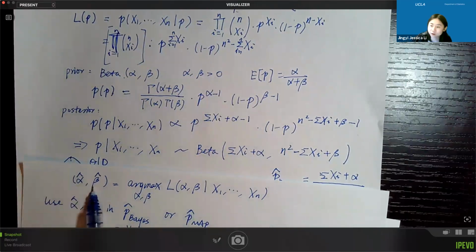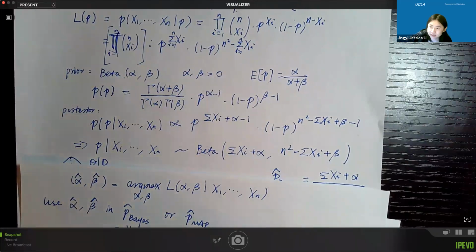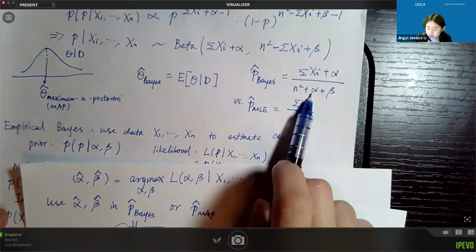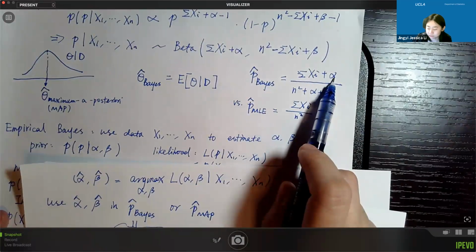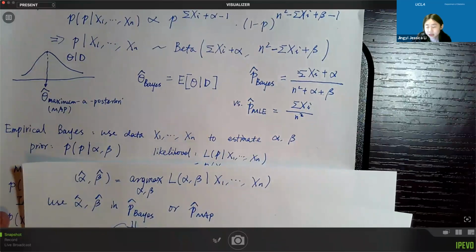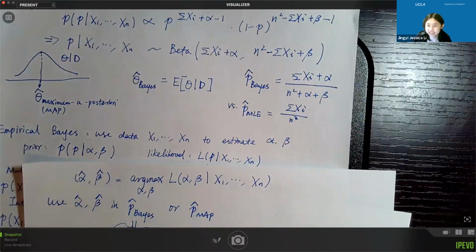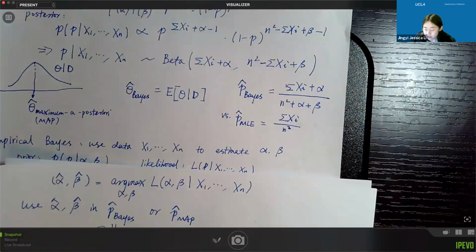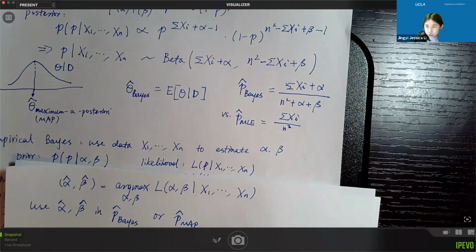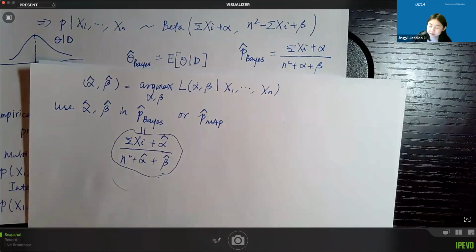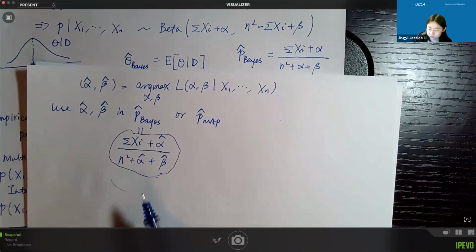Then with alpha and beta, I use the Bayesian idea to get a Bayes estimator for P, like this, but here the parameters are what I plug in from the MLE. So I would say it's just a way to construct an estimator. And people have shown that if you use the frequentist framework to evaluate this estimator, it has smaller variance than the MLE estimator for P.